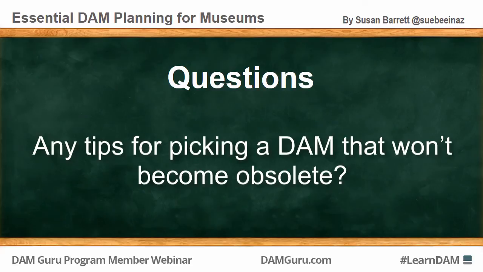So letting loose of the idea that I'm going to buy the best system that I can and it's going to last for 20 years is something I think at least we need to move beyond. We need to move beyond the idea, because technology is a tool and we're going to use it for as long as it's useful, and then we're going to move on to the next piece.